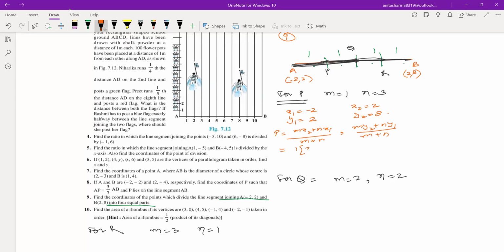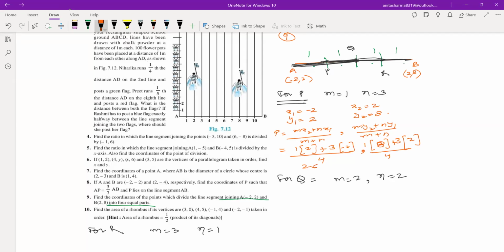Ma'am, for Q, I got 0 and 5. Okay, beta. Y2 is 2, n is 3, and y1 is 2, divided by 4.